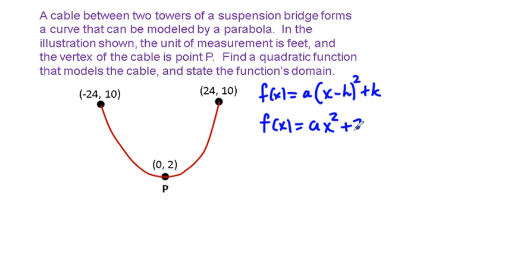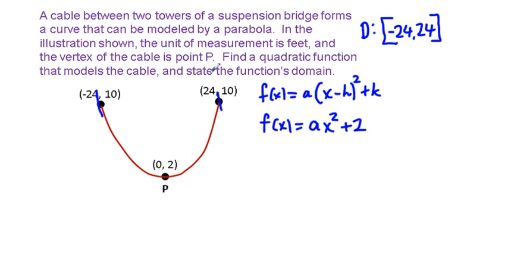Now, what we can do is use one of these other points to figure out what a is, and then we're going to have a quadratic function, and then we'll state the function's domain. But we should already know the domain, right? The x values extend from negative 24 to positive 24. So our domain doesn't say what type of notation. I'm just going to use the easiest I can find, interval notation. So negative 24, comma 24. That is our domain. You have that.